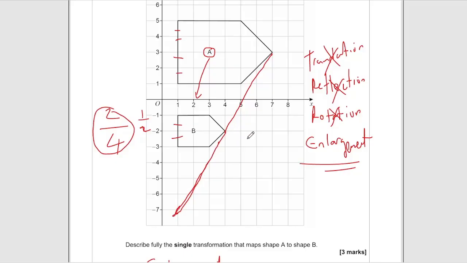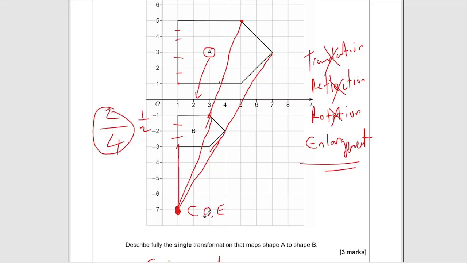Okay, so that's where that line would go. So from there all the way up, from there all the way down. Okay, and on this one you can see this bottom corner is on this same line, so it's going to come down to this point here. And your center of enlargement on here is that point there.